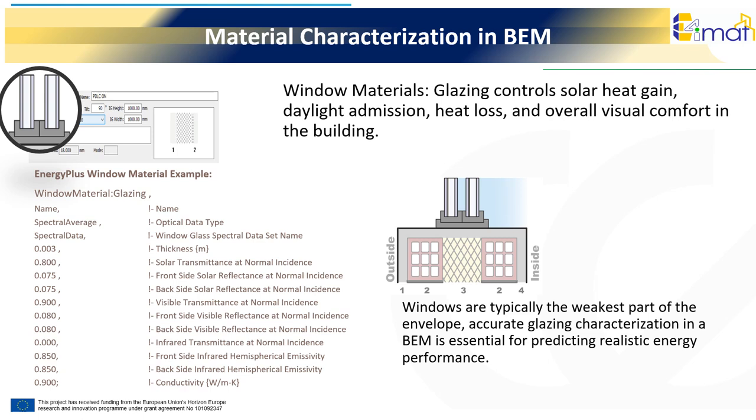Therefore, glazing plays a critical role in controlling solar heat gain, daylight admission, heat loss, and overall visual comfort in the building. Because windows are typically the weakest part of the envelope, thermally speaking, accurate glazing characterization in a BEM is essential for predicting realistic energy performance and identifying design strategies that balance transparency, comfort, and efficiency.